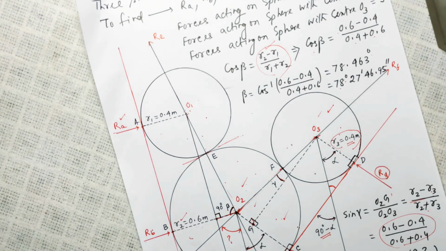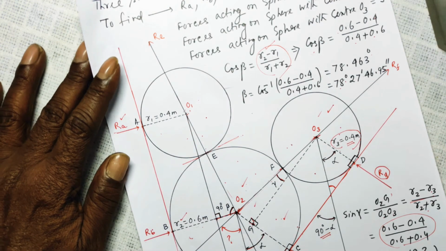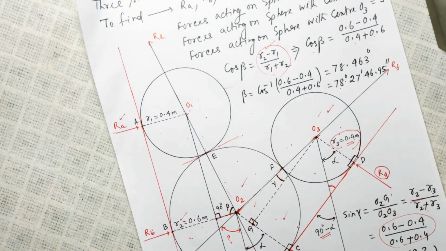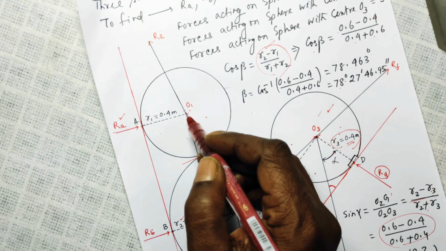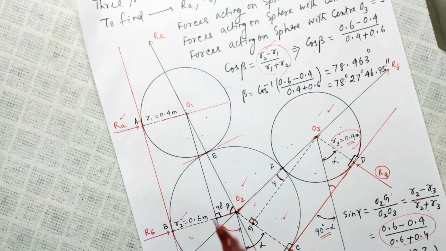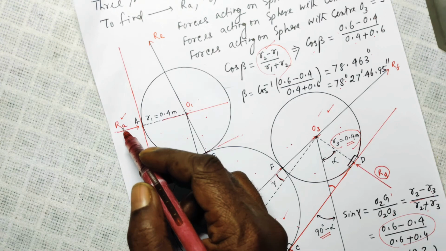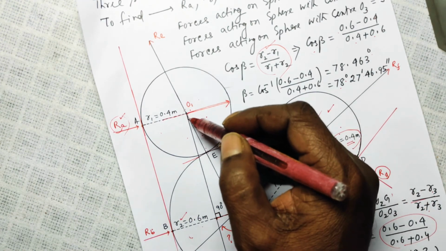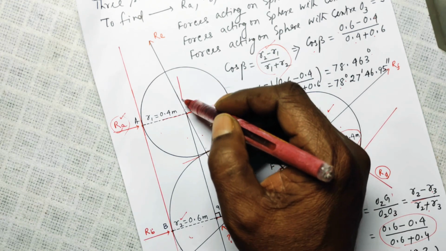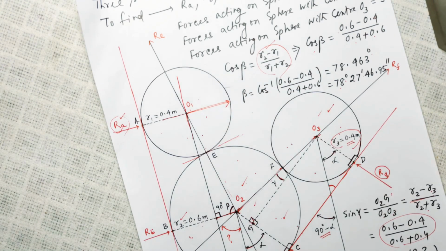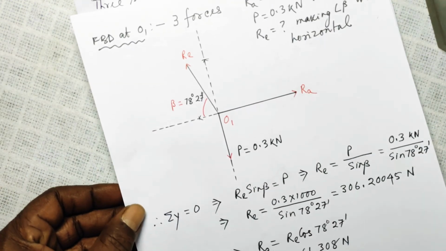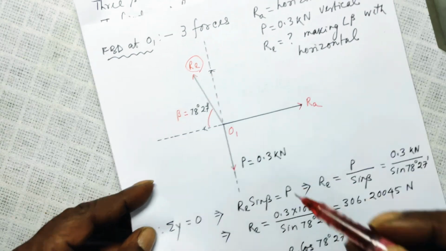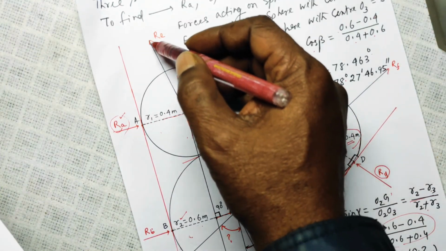At O1, right? Now the free body diagram at O1. So for that, taking this as the origin, I consider this as the x-axis. So RA is along the positive x-axis, and this line, if I extend this line, is your y-axis, which I have shown here, and this is your RE, that is the same thing as this.